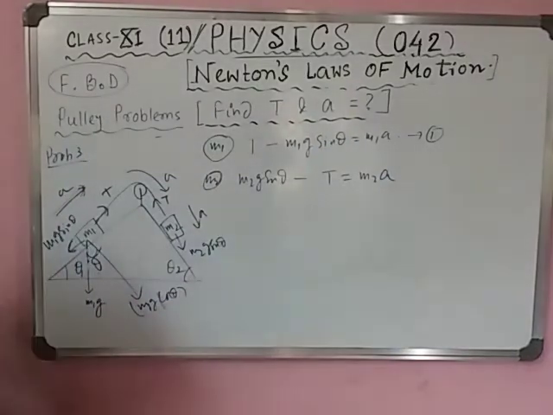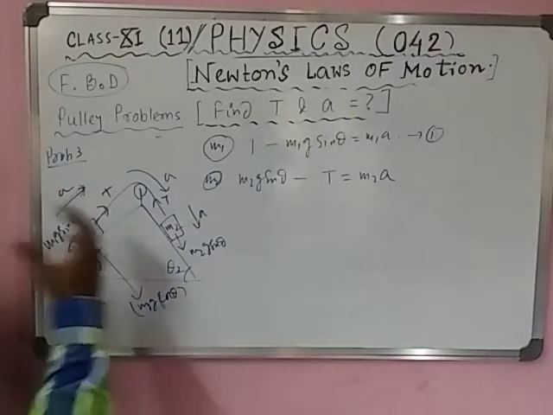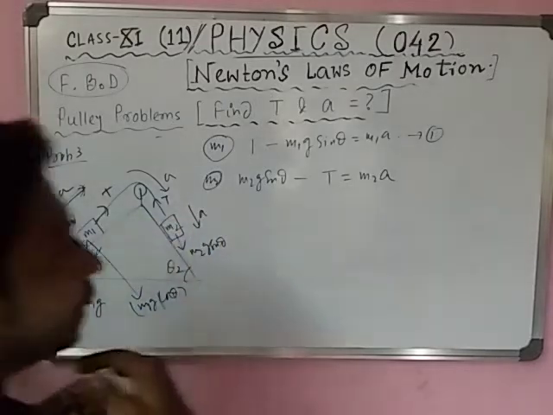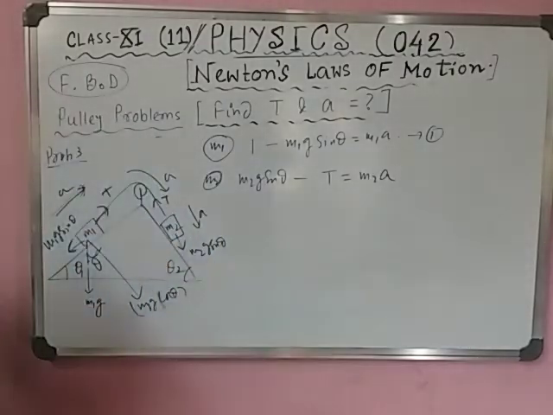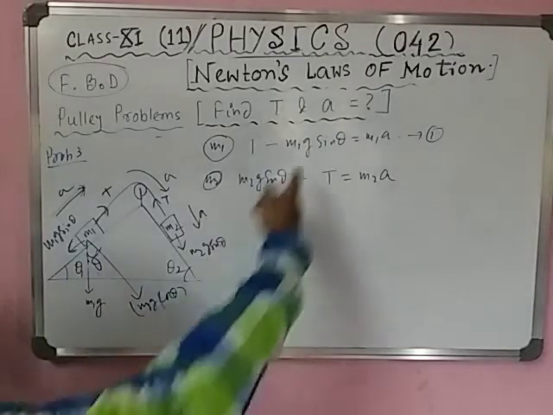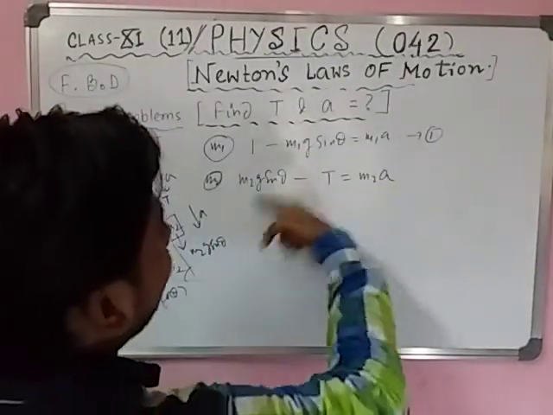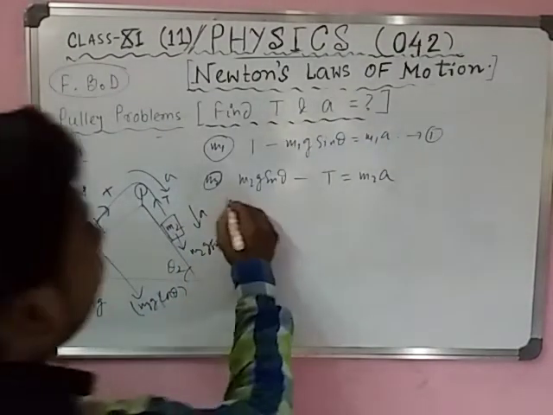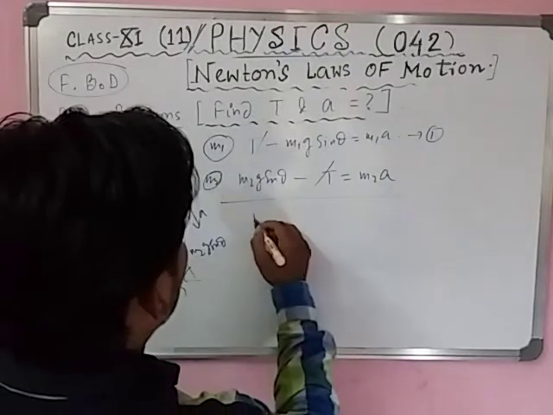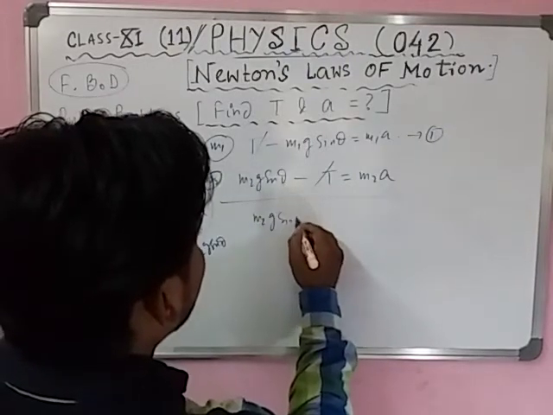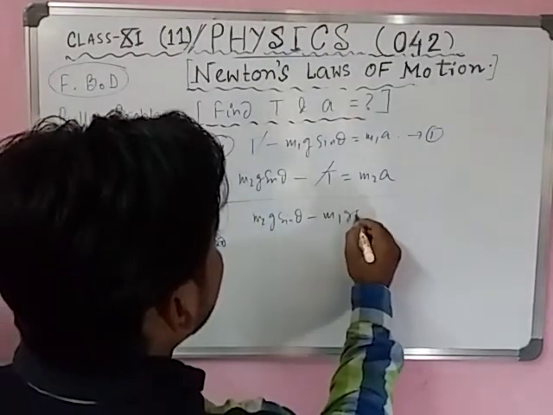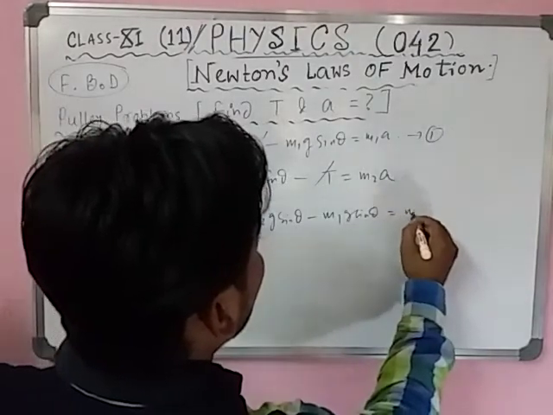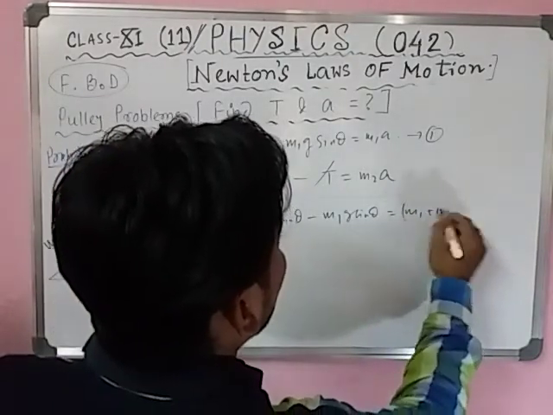See students, in a free body diagram we cannot consider the whole system. You consider m1 as a free body, m2 as a free body, and write the equations and solve them. You will get T and a. Now students, we will apply the tricks. In this case tension cancels out, and m2g minus m1g is the total net force. So m2g sine theta 2 minus m1g sine theta 1 is equal to m1 plus m2 into a.